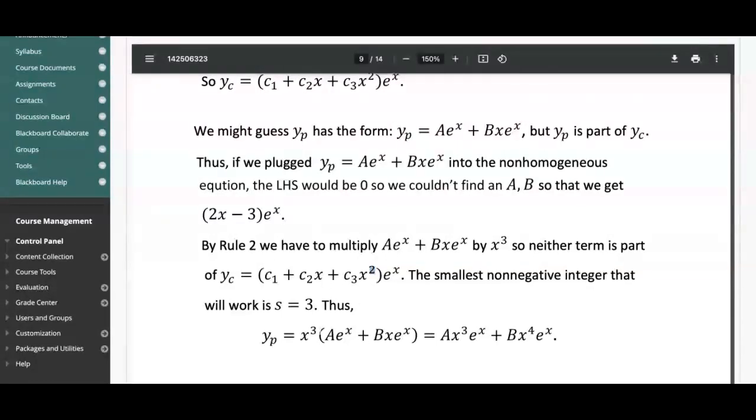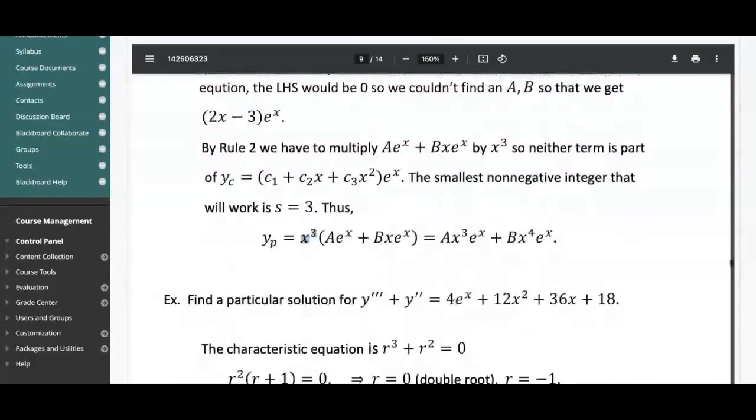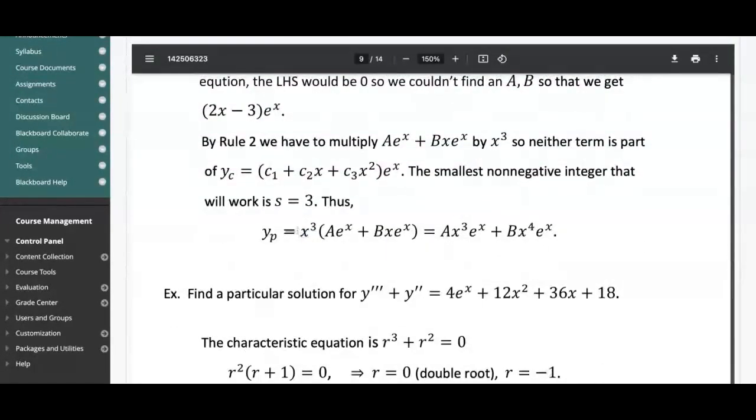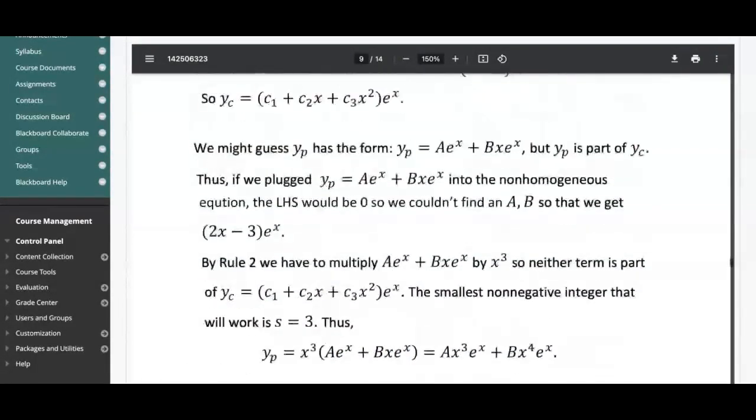We multiply by x cubed, remember, that's x raised to s. So a particular solution is x cubed times (a e to the x plus b x e to the x). Anyone has any questions?